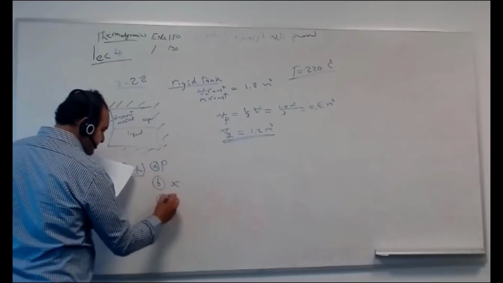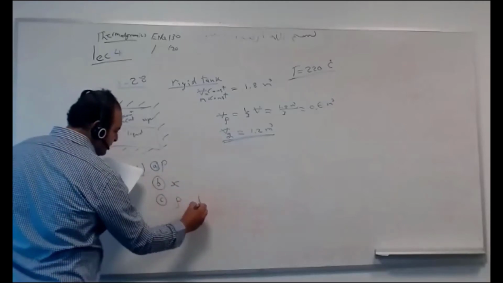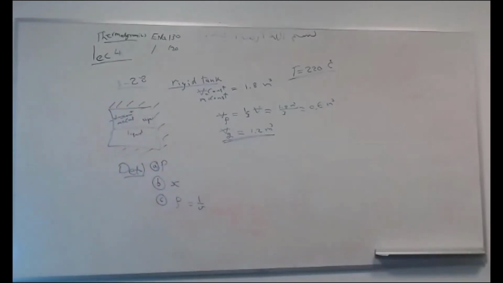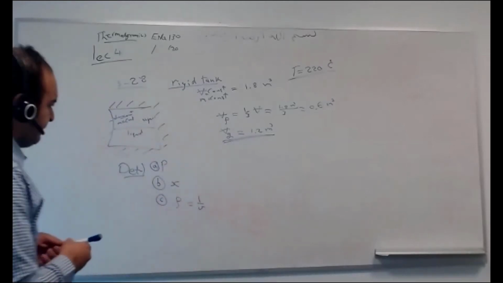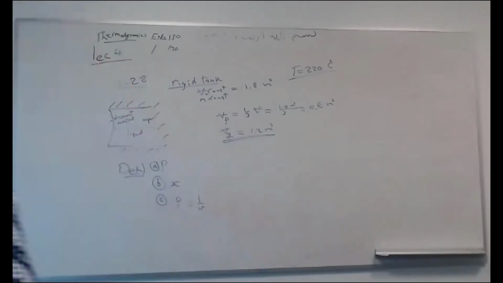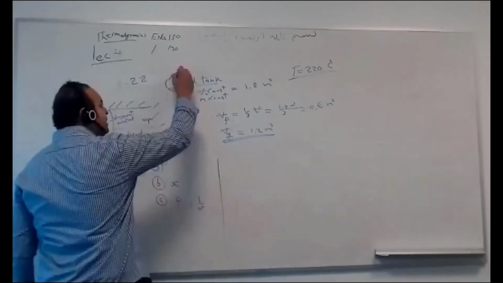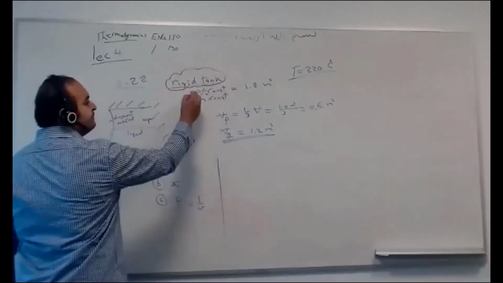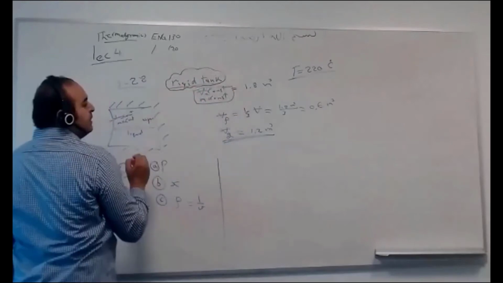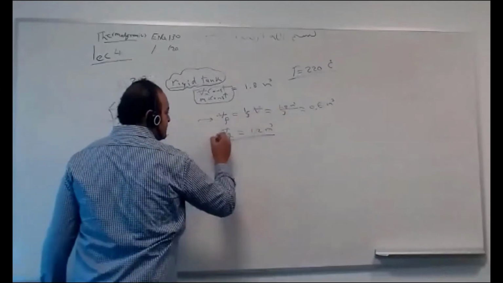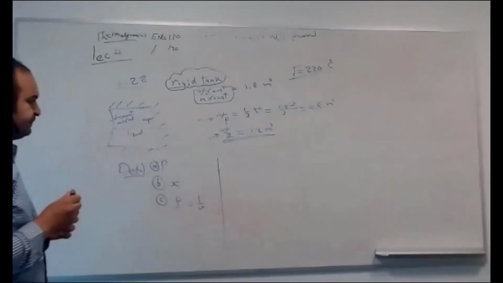The density of the mixture is 1 over nu of the system. Okay, the problem is simple, but it needs some concentration. You need to focus on how to use the table and how to understand the problem. From the first word, rigid tank, you got a lot of things. From the volume fraction, you can get this V and this V, of course, and he gave you the temperature.